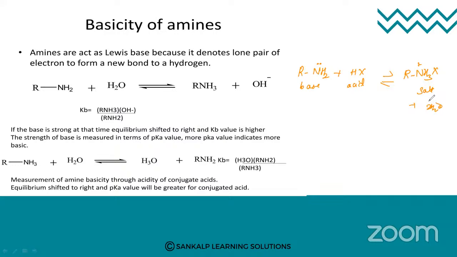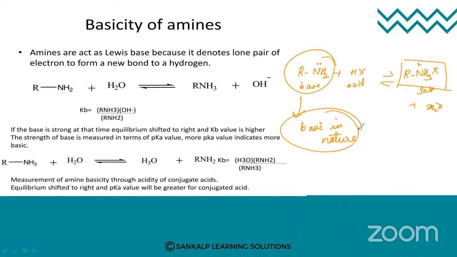When acid and base react, we get salt and water. So we get the ammonium salt, and water. Amines react with mineral acids and form ammonium salts. It indicates that the amines are basic in nature. So this confirms that amines are basic in nature.